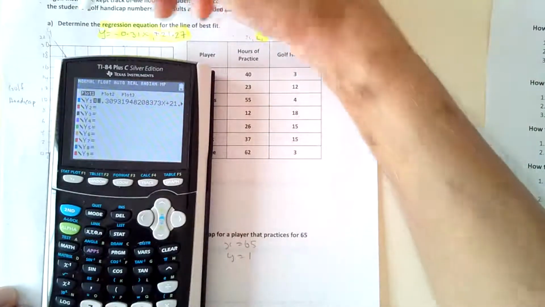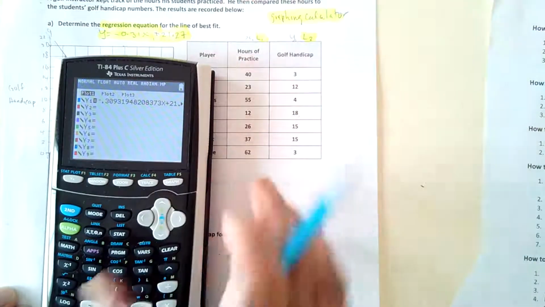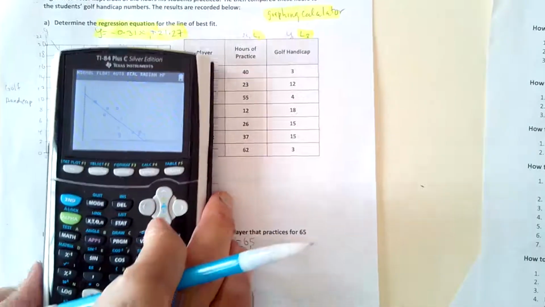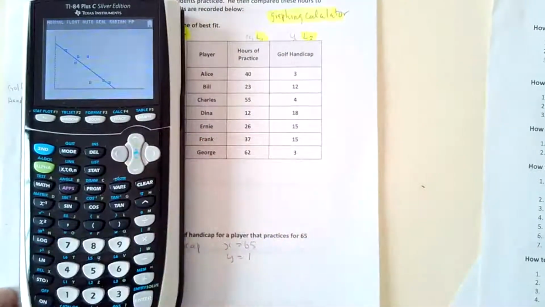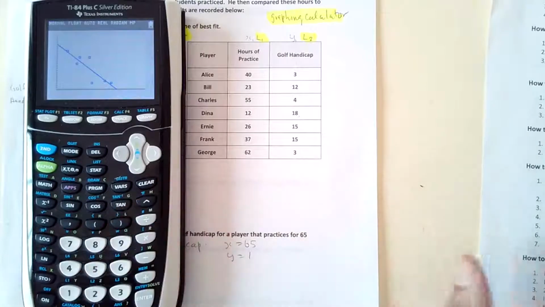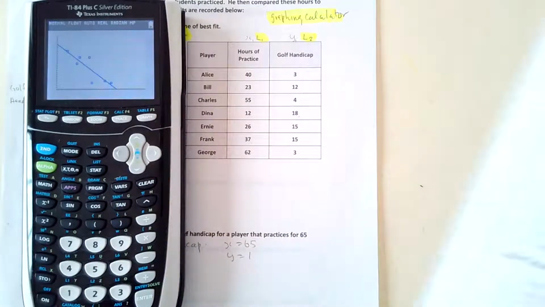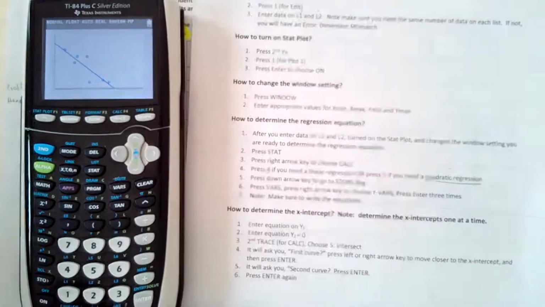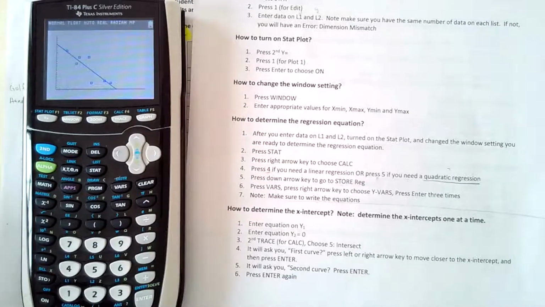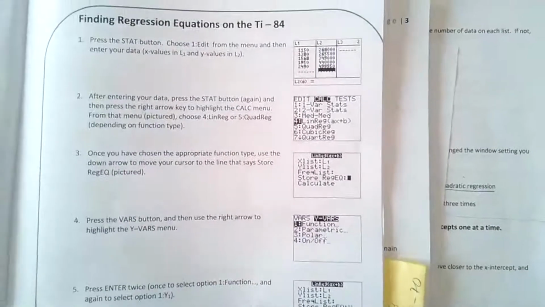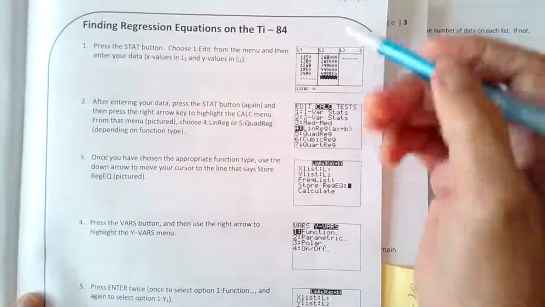So there it is. Determine the regression equation for the line of best fit. And there is your line of best fit. By the way, all of the instructions that you have here are also in your booklet on page 13, so you can follow step by step.